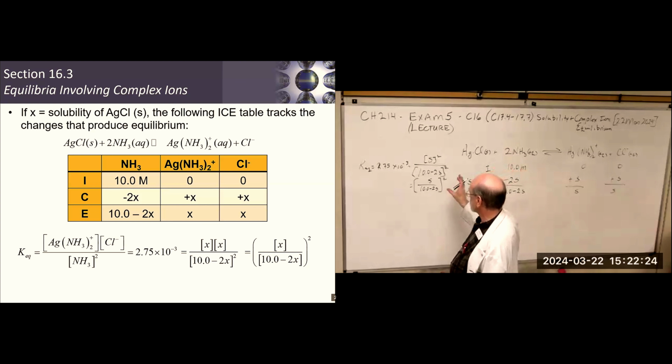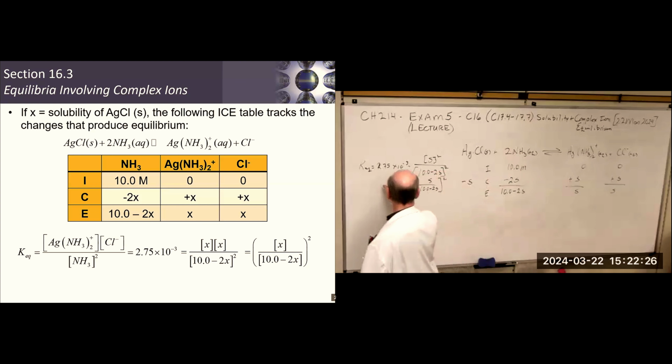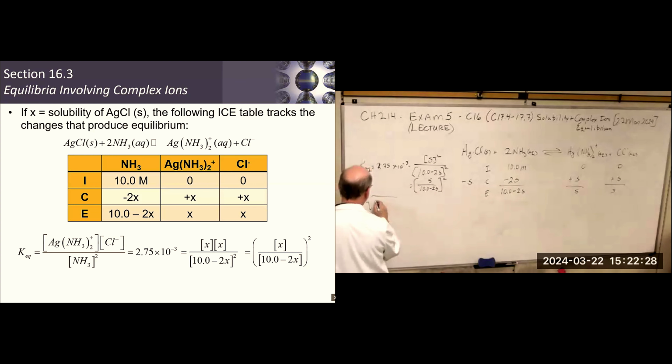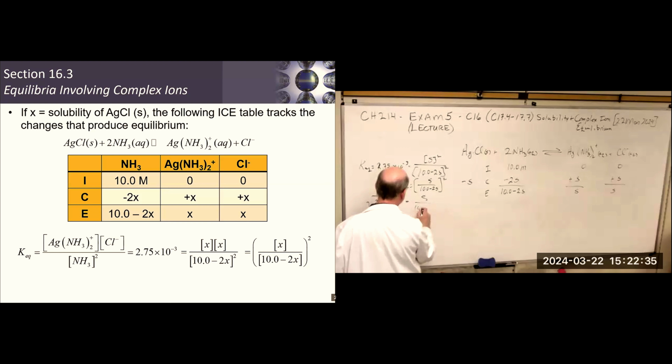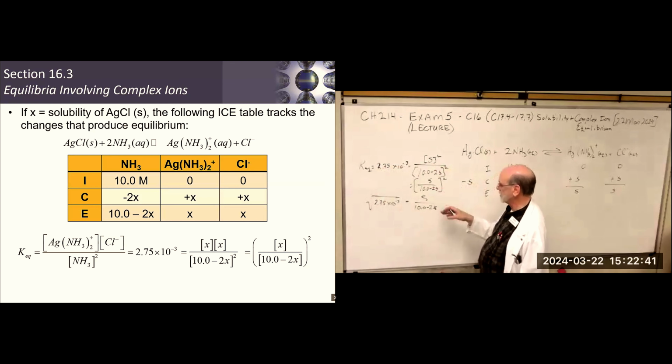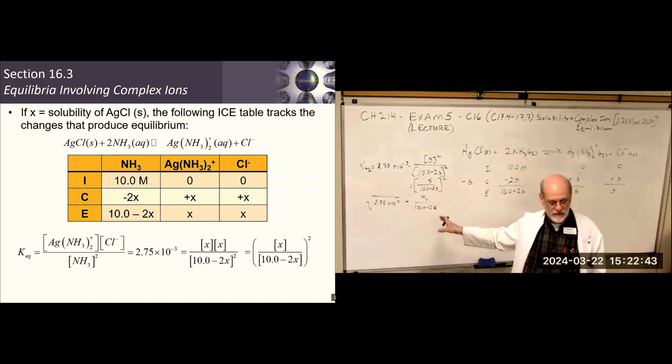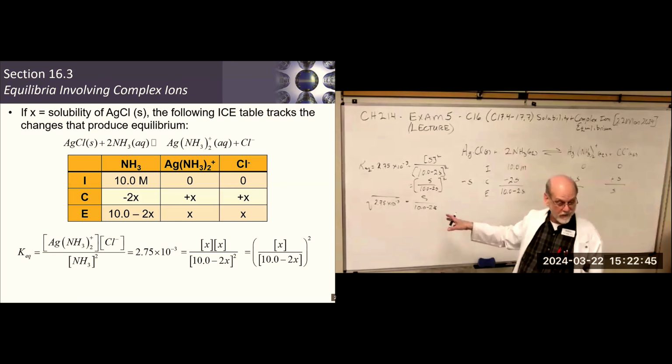So what does that mean? If this is squared, then if we take the square root of this one, 2.75 times 10 to the minus 3, then that's equal to S over 10 minus 2S. Right? We just took the square root of both sides. And that makes it easier to solve for S. We don't end up with a quadratic.